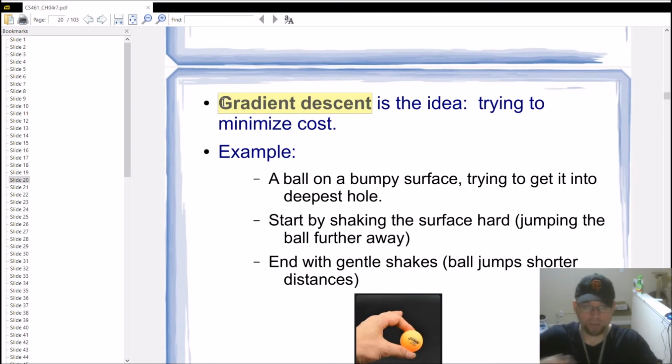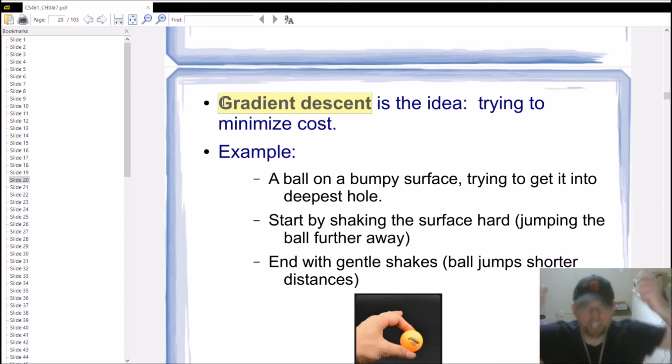Well, you can shake the surface. If you've got your ball in the shallowest pit on one edge of your surface, and the deepest pit is on the far side of the surface, then you might really shake that thing hard.